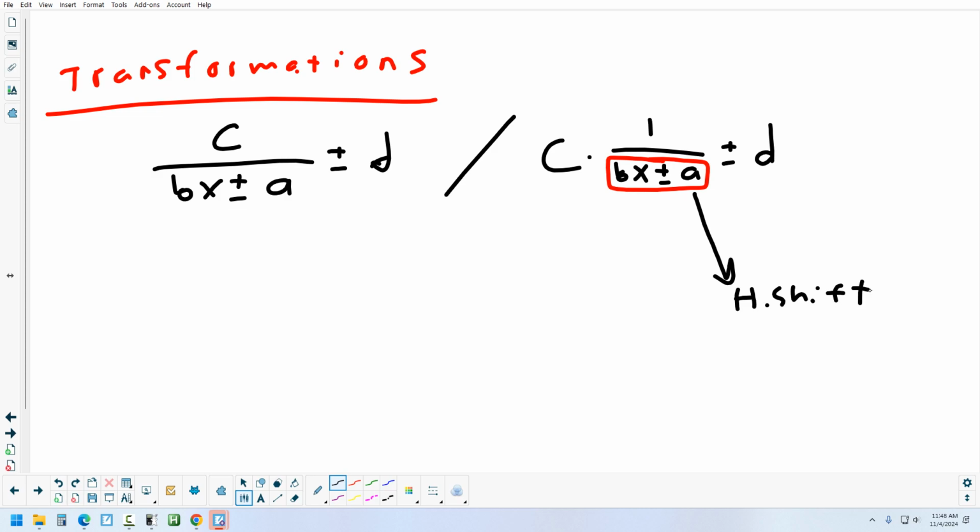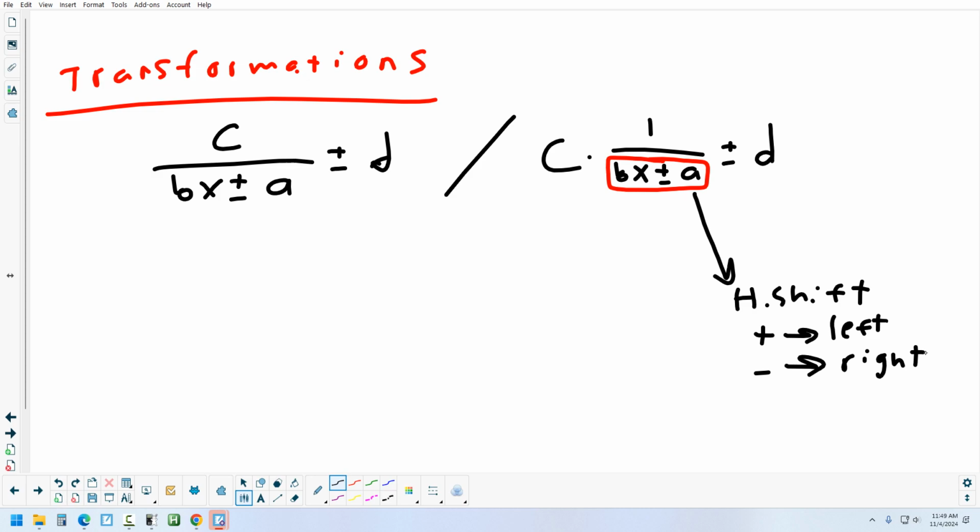Now, if we remember a little bit about horizontal shifts, when you have plus a number, which way does plus make your graph move? To the left. Okay, with a horizontal shift, it's backwards. Plus is going to move it to the left. Minus is to the right.